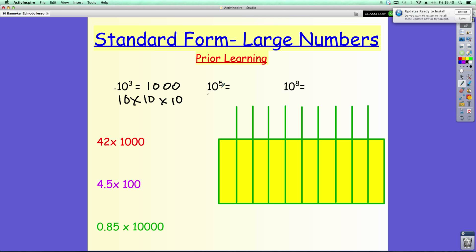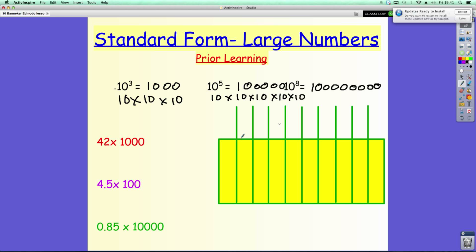In the same way, 10 to the power 5 will be 10 multiplied by itself 5 times, and what you'll find is you'll get the 1 with 5 zeros after it. As the pattern follows, 10 to the power 8 will have a 1 and 1, 2, 3, 4, 5, 6, 7, 8 zeros after it.